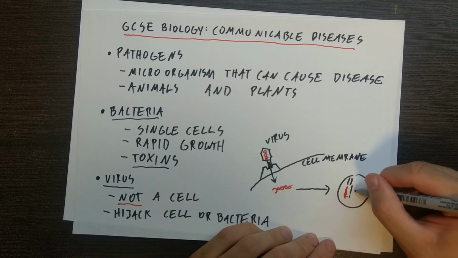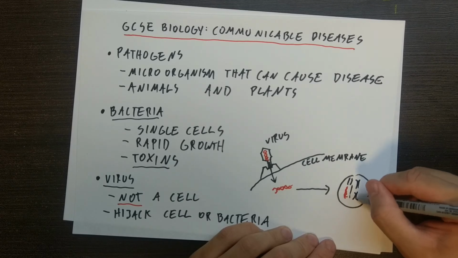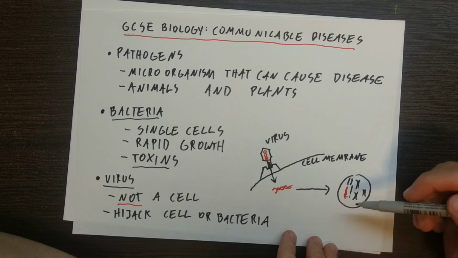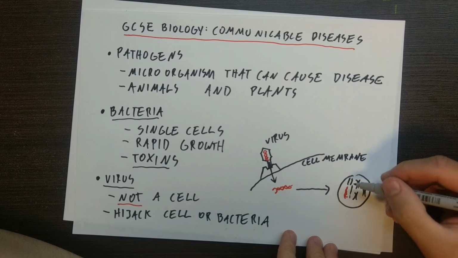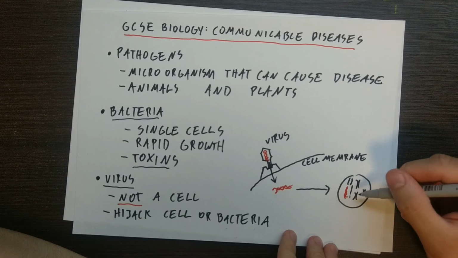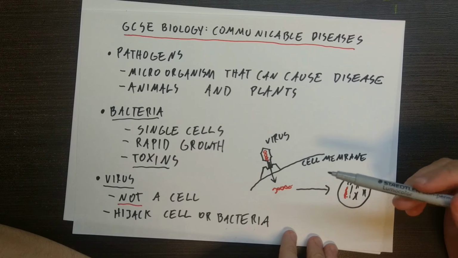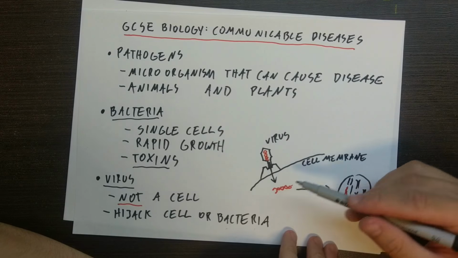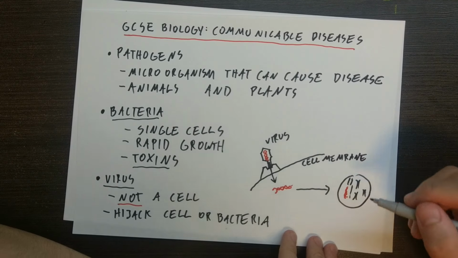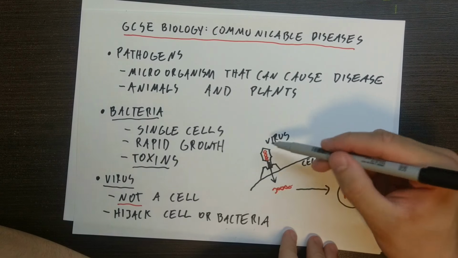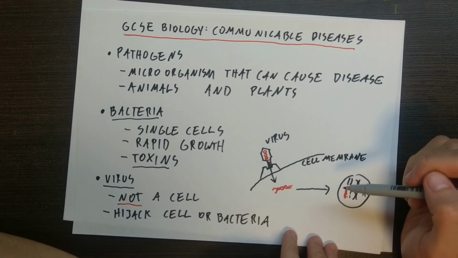So here we have loads of the cell's DNA, and this strand of genetic code fuses itself with the cell DNA, where it is able to hijack the cell and make the cell produce more of the virus, produce replicas of the virus that has infected it.